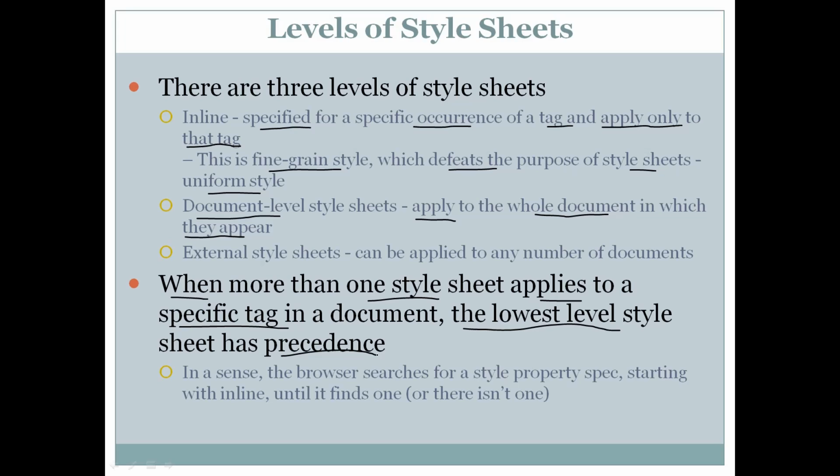The lowest level is the inline style sheet, then the document level, then the external style sheet. So when there is a conflict between styles applied by all three types, the inline style sheet has precedence over the document level style sheet, and the document level style sheet has precedence over the external style sheet.